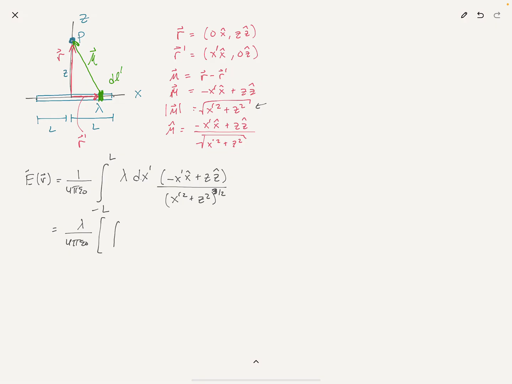Two integrals: negative L to L of minus x prime dx prime x-hat over x prime squared plus z squared to the 3/2, plus a new integral from negative L to L of z-hat dx prime over x prime squared plus z squared to the 3/2.